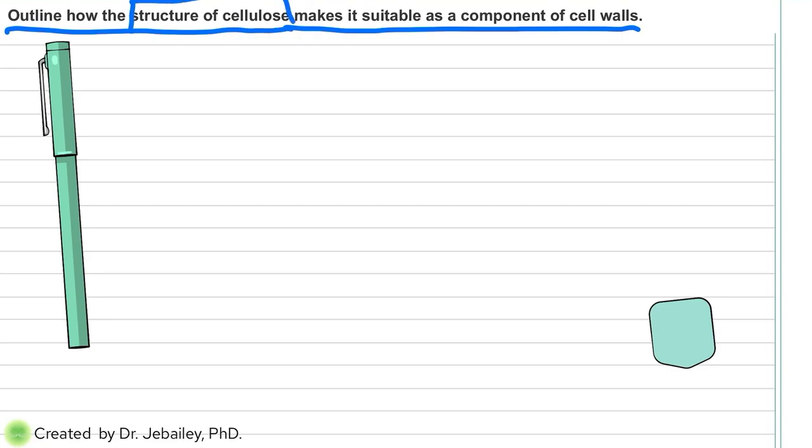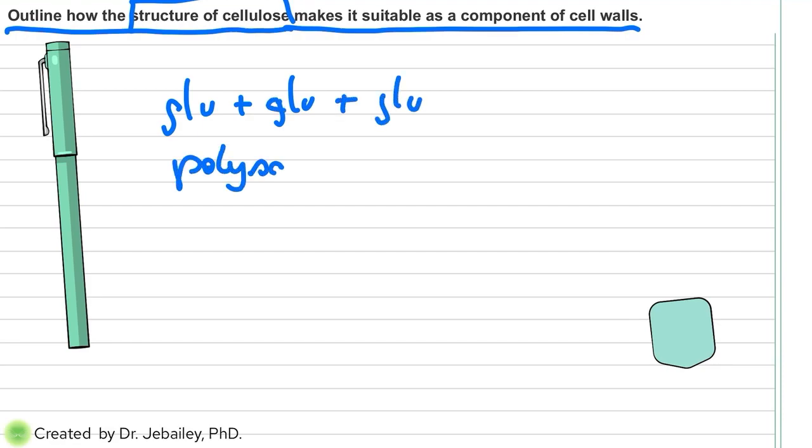The next question says, outline how the structure of cellulose makes it suitable as a component of cell walls. So now we're talking about the structure of cellulose. Think about what cellulose is made of. Well, first we know cellulose is made of glucose, right? It's a chain of glucose, so that means it's a polysaccharide. You can mention that it's a carb.